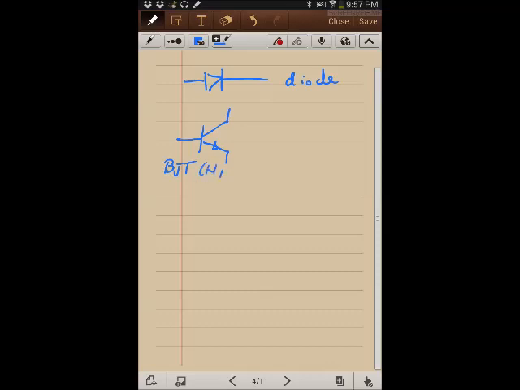This is NPN, and also we have IGBT, which is insulated gate bipolar transistor. This is the emitter, this is the collector, and this is the gate. This is the base, this is the collector, and this is the emitter. Also we have power MOSFETs.